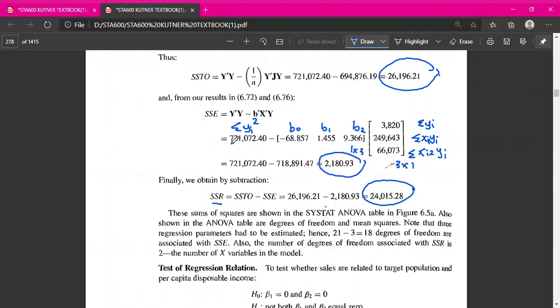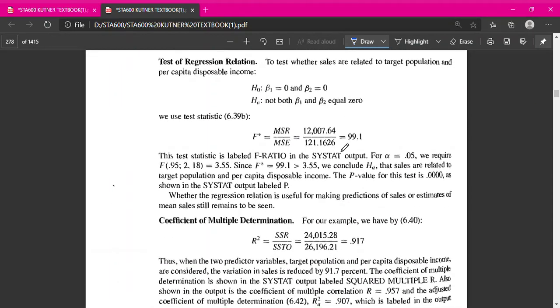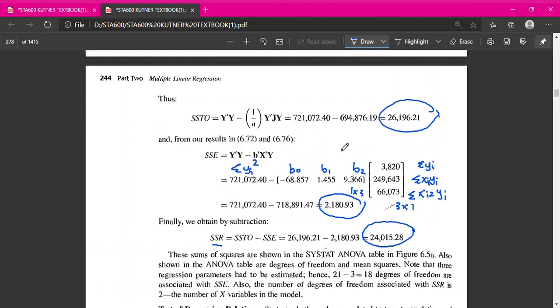Alright, so since you have all this value, you can create the ANOVA table. So kalau kat sini you punya degree of freedom, so kalau you create the ANOVA table, you will have the sources of variation. So it will be regression.